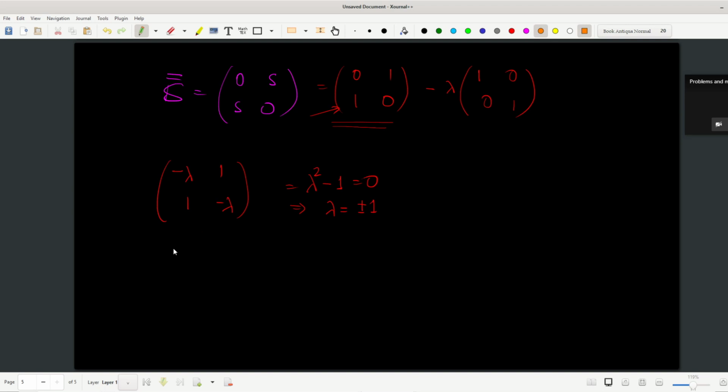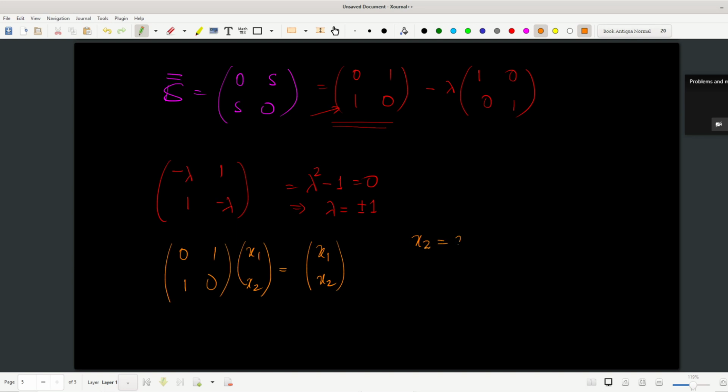Then to find the eigenvector, A times x equal to lambda times x. So 0, 1, 1, 0 times x1, x2 is equal to lambda times x. In this case, let us choose the first value, which is 1. So what do we have?